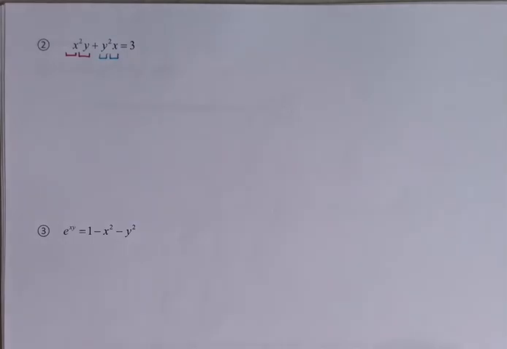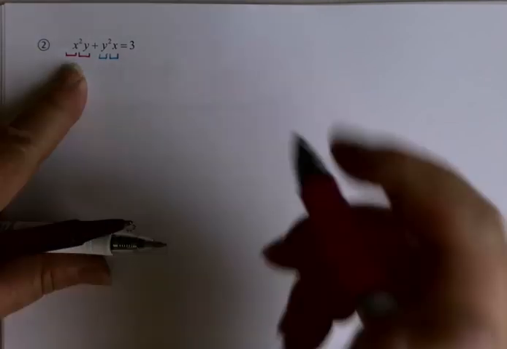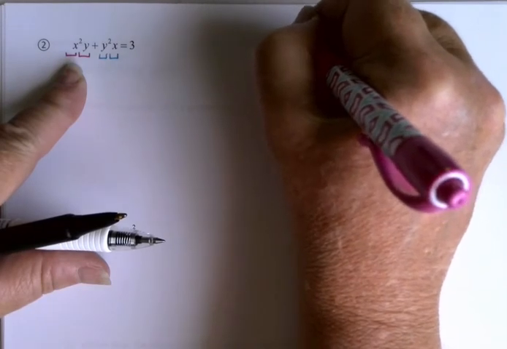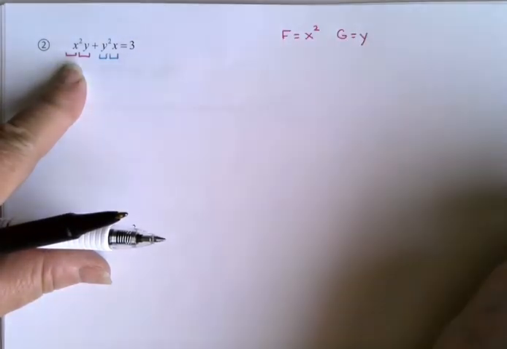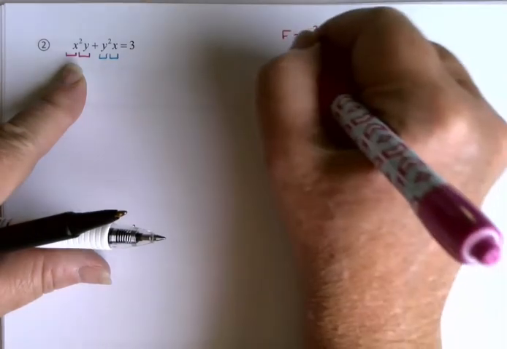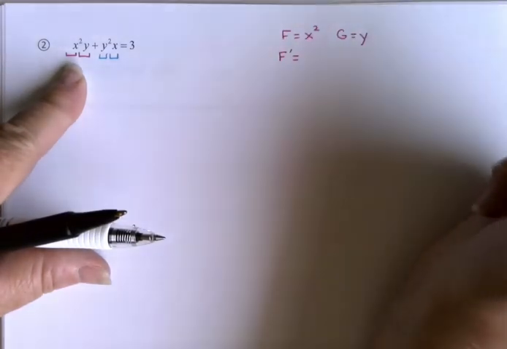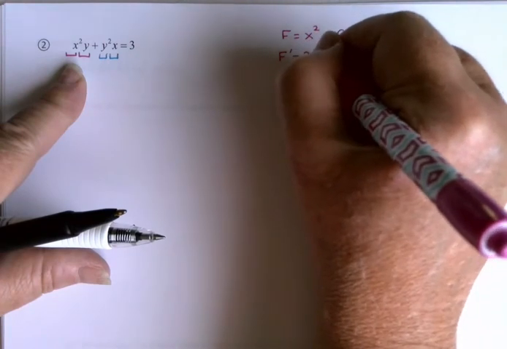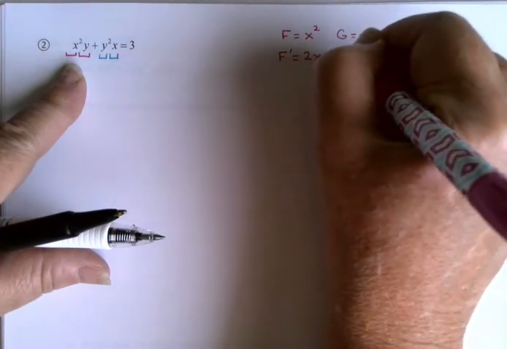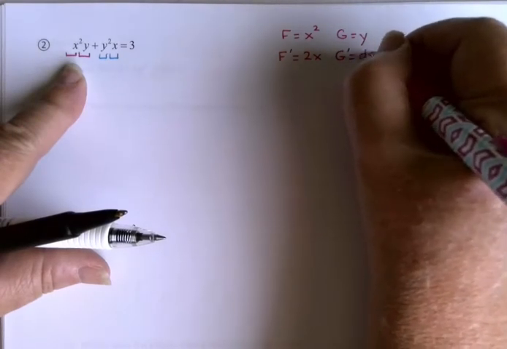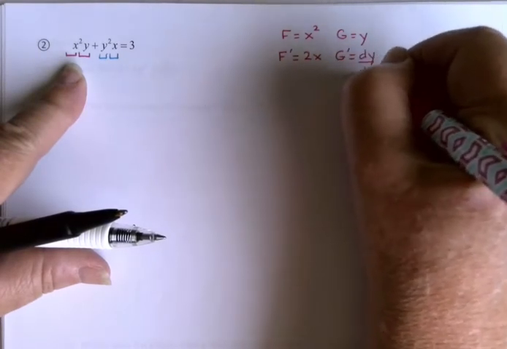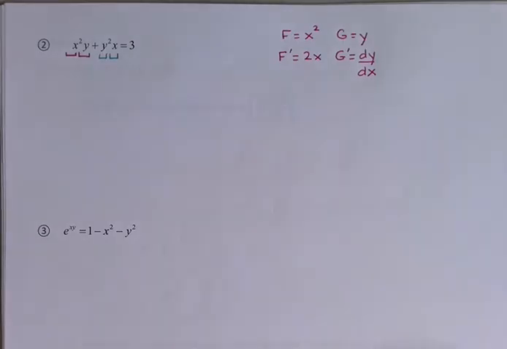They're easy to miss because they're so small, but they really are products and they require a product rule. So for this first one, I'm going to have f is x squared and g is y. So f prime would be 2x. And g prime, the derivative of y with respect to x, the best I can do is just write it as dy dx.